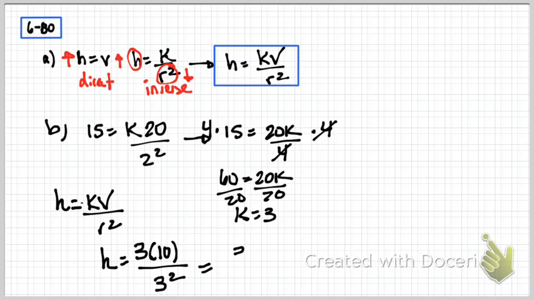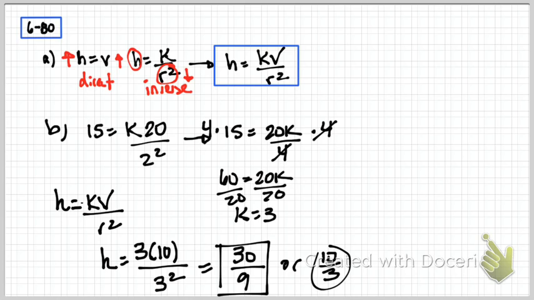So it'll give you 30 over 9. Your height would be 30 over 9, or we can simplify to 10 over 3. Alright, so that's 80, inverse variation. Wouldn't worry too much about that right now, but it's an intro to some more things we'll be doing in Condo's class.